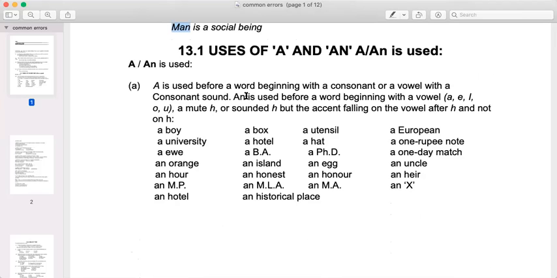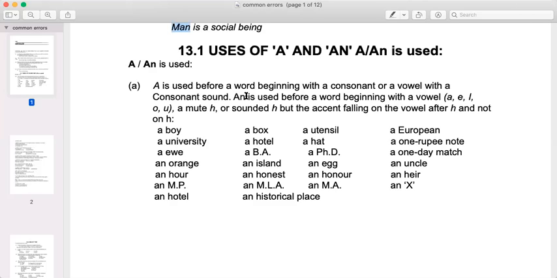Now we need to understand that there is a difference between consonants and vowels, and consonant sounds and vowel sounds. Consonants refer to all the alphabets except A, E, I, O, U, because these alphabets are vowels. But consonant sound and vowel sound refer to the sound produced by these alphabets in particular.